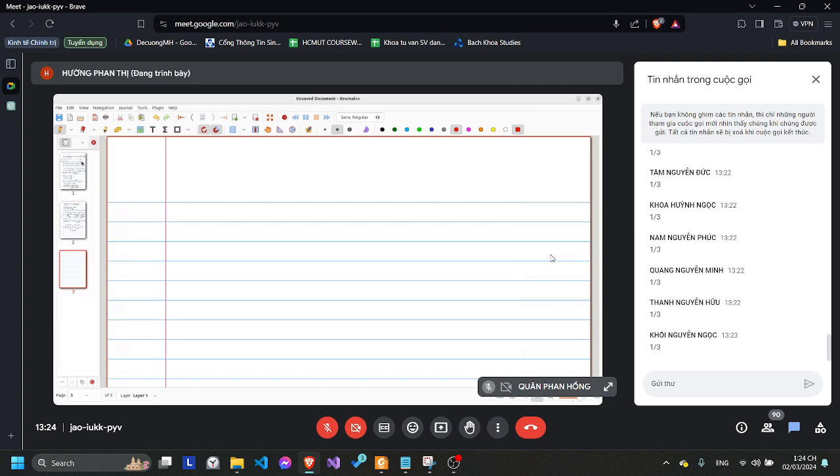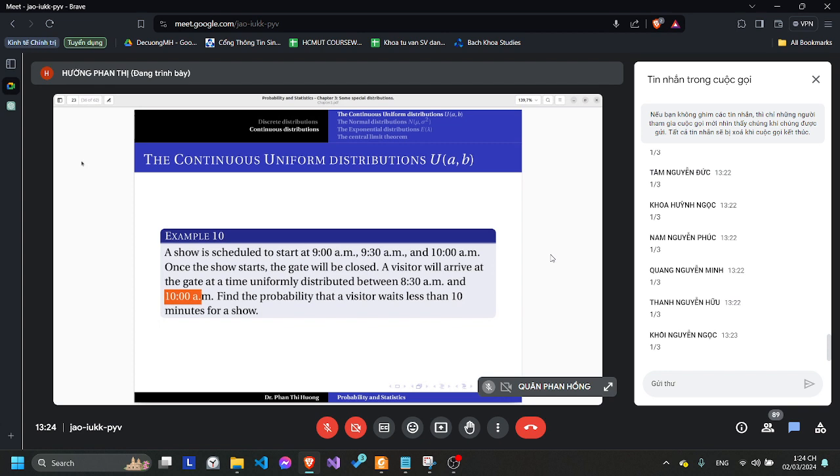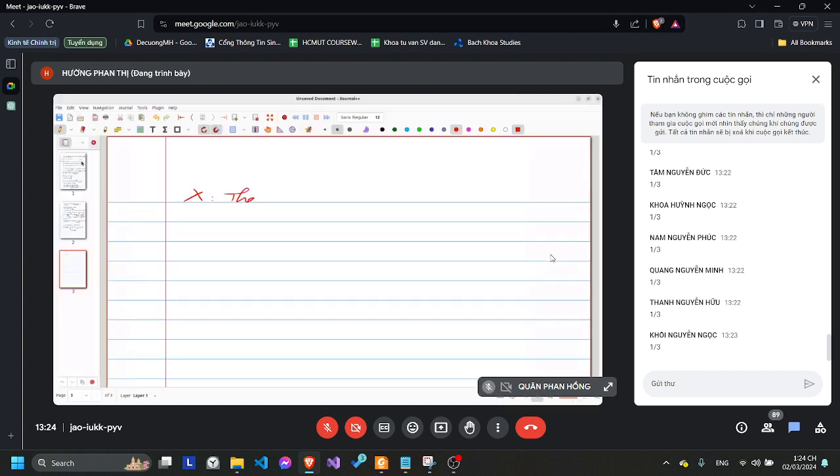First of all, to find the probability, we need to know the random variable. Let S be the arrival time of the visitor, which is uniformly distributed between 8:30 and 10.